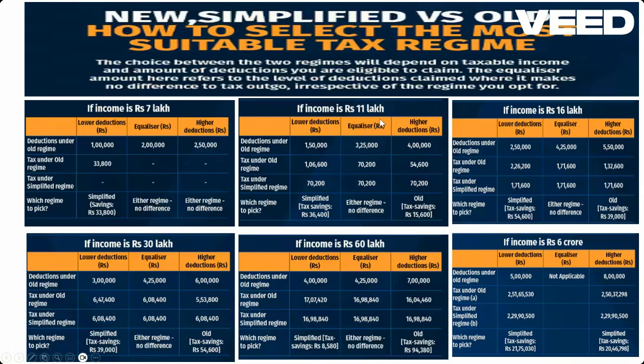If you see the equalizer, not much difference is happening in the old regime and new regime. In both the old regime and new tax regime, you have to pay taxes of 70,200. So in this case, if you have higher deduction, then you can opt for the old regime.